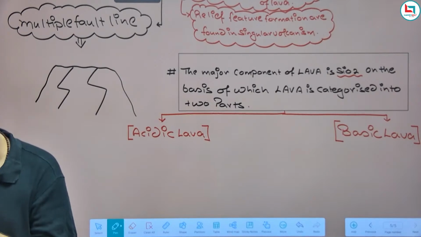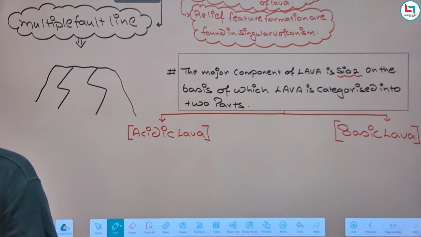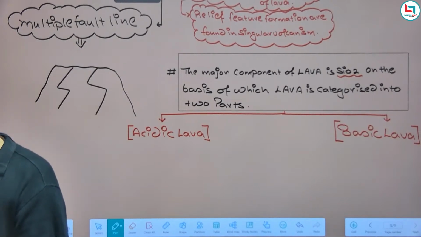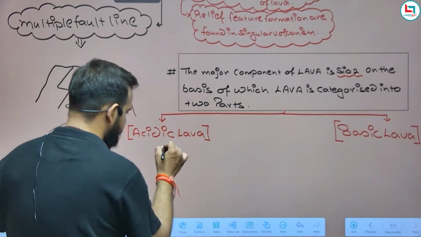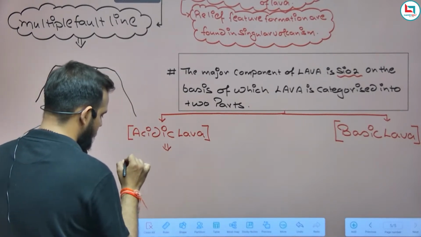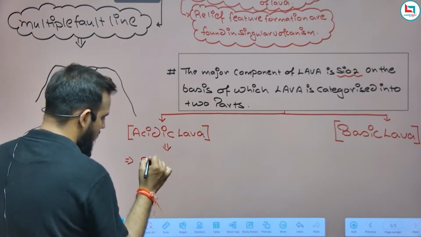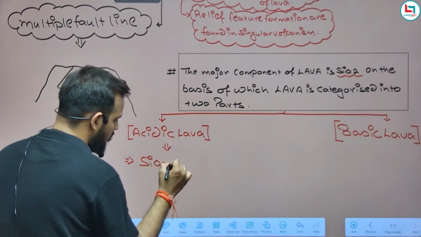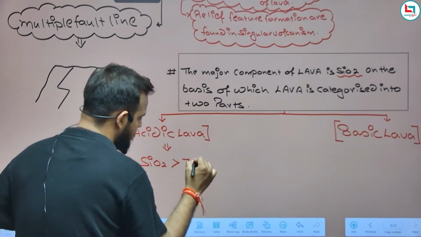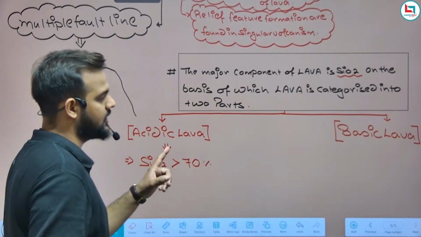If silica dioxide is more than 70%, it is known as acidic lava.